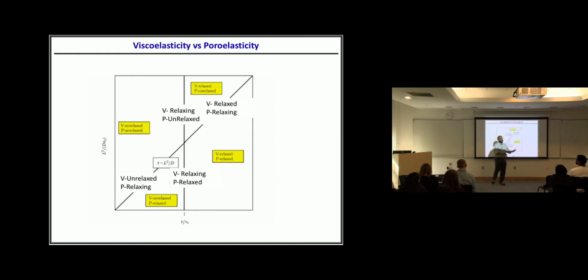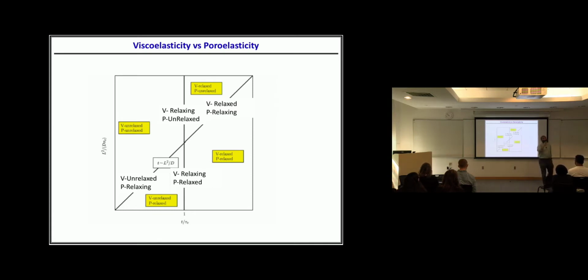If you're looking at time scales much smaller than the viscoelastic relaxation time scale, the material looks elastic. If you're looking at time scales bigger than the viscoelastic time scale, the material will be softer. So viscoelasticity can relax or not relax depending on which side of this line you are.